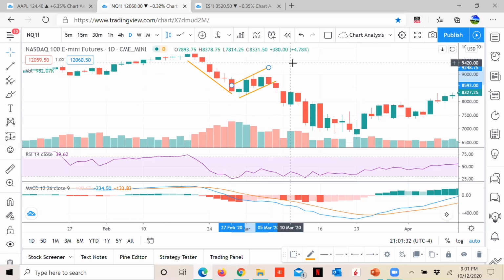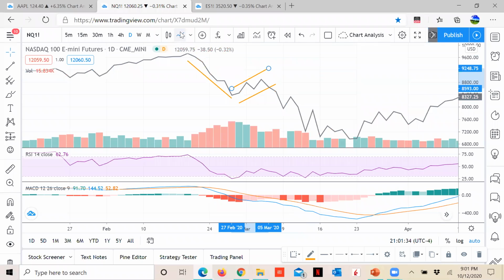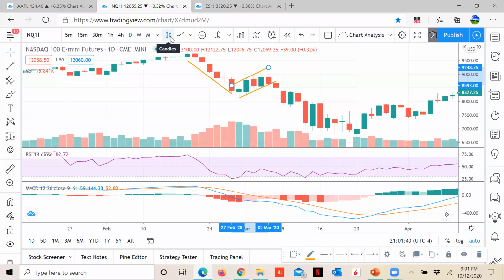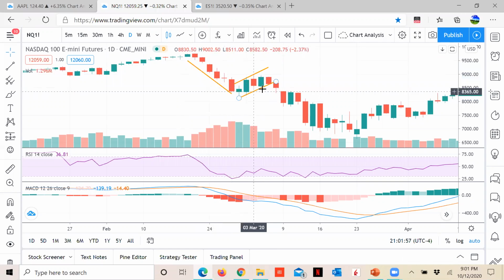If I were to look at the line chart, it breaks through this consolidation channel. The five main characteristics for the flag pattern: it needs to have a reversal in the preceding price trend, a consolidation channel that we drew by the use of two trend lines.